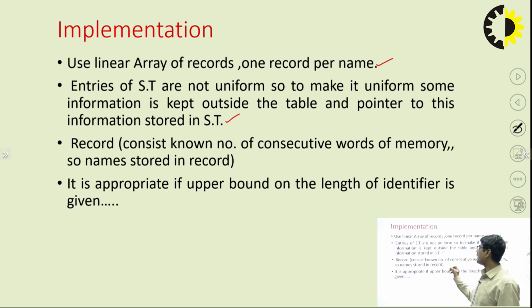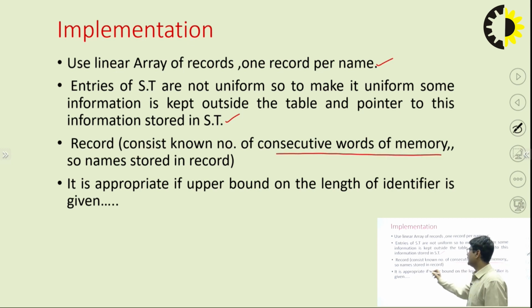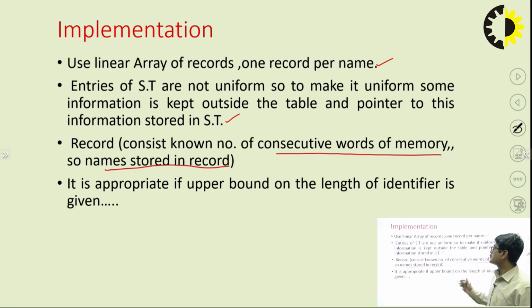Then a record consists of a known number of consecutive words of memory, so names are stored in the record. Known number of consecutive words of memory means whatever memory the name is accepted by, we have to name the record like that.